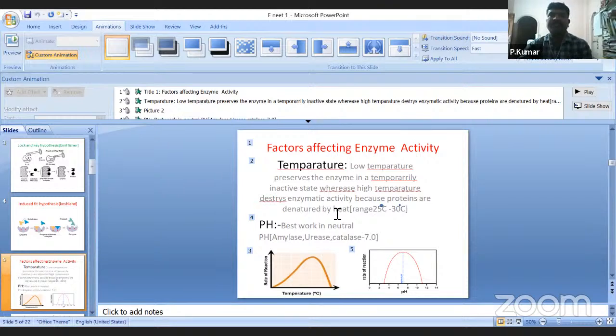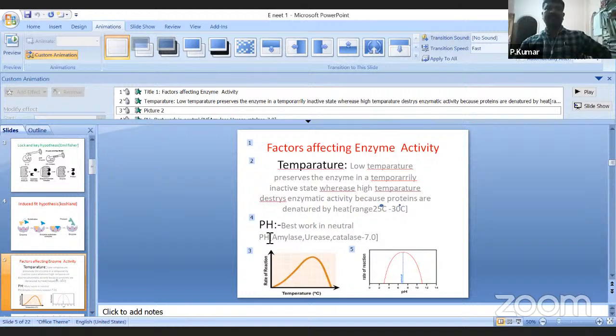The optimum range for enzyme activity is generally 25 degrees centigrade to 30 degrees centigrade. Above 25 to 30 degrees centigrade, enzymes are destroyed and enzymatic activity decreases.